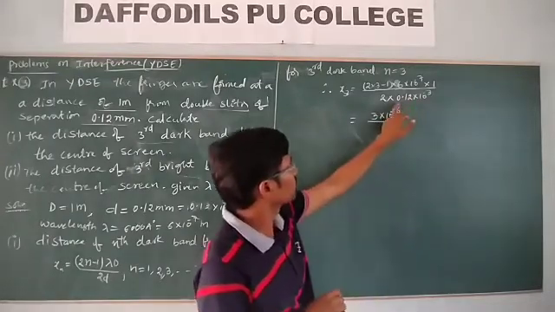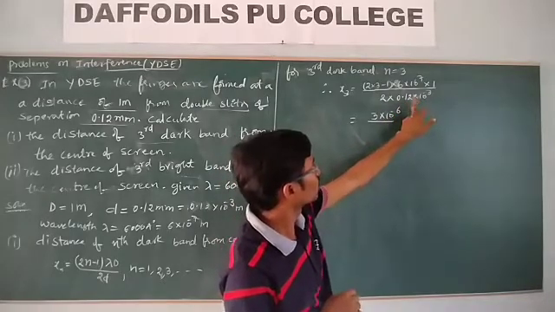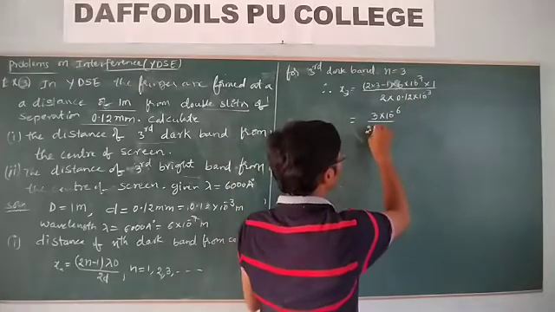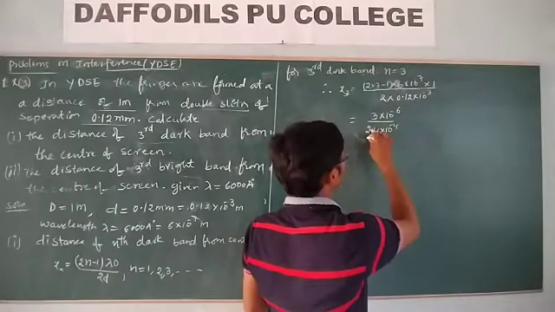So 3 into 10 power minus 6 divided by 2.4 into 10 power minus 4.